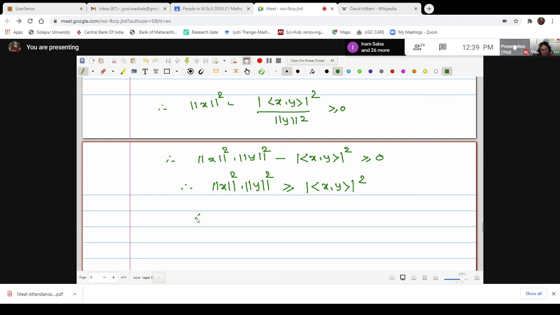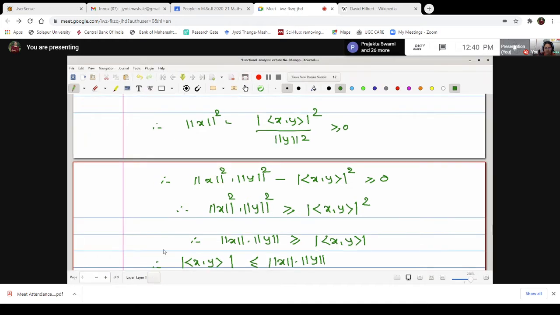Taking square root, we get norm x into norm y is greater than or equal to modulus of inner product xy. Therefore by changing the inequality, modulus of inner product xy is less than or equal to norm x into norm of y. Hence this is a proof of the Schwarz inequality.